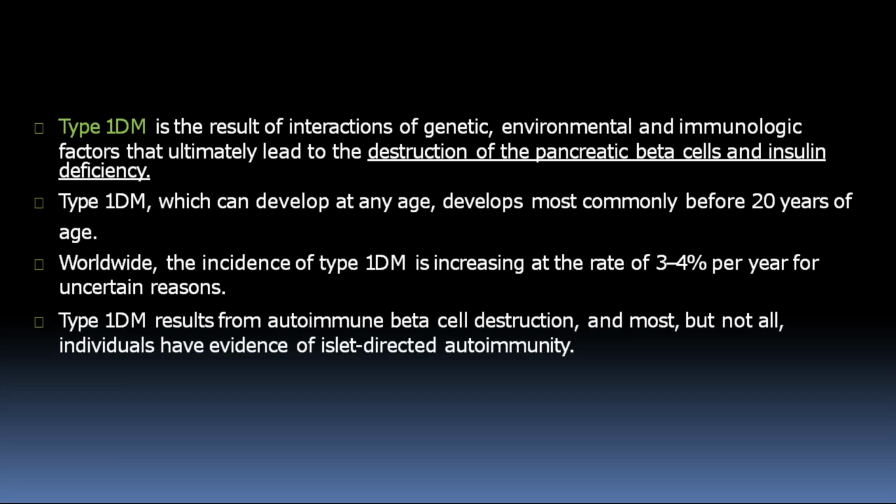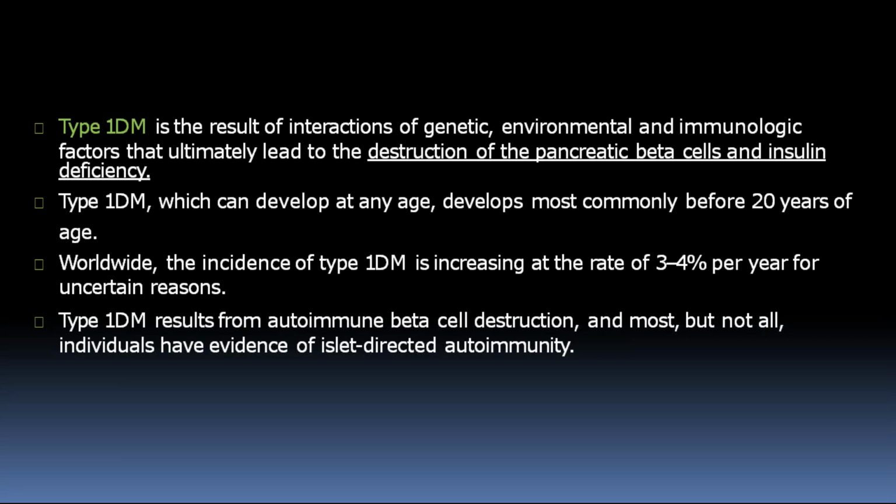There is complete destruction of the pancreatic beta cells here. Type 1 diabetes mellitus can develop at any age, but most commonly before 20 years of age. Worldwide, the incidence is increasing at a rate of 3 to 4% per year. It results in autoimmune beta cell destruction, and most but not all individuals have evidence of islet-directed autoimmunity.